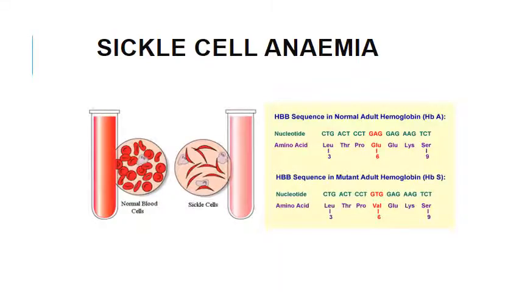An example of a mutation which leads to the change in the primary structure and the subsequent change to the secondary and tertiary structure is sickle cell disease or sickle cell anemia. In this disease, the normal adult hemoglobin, hemoglobin A, contains a glutamic acid at the 6th amino acid.